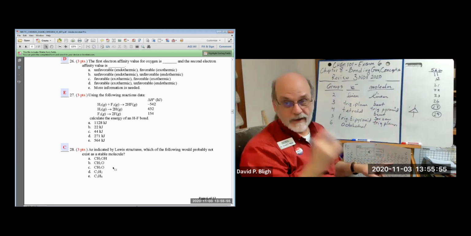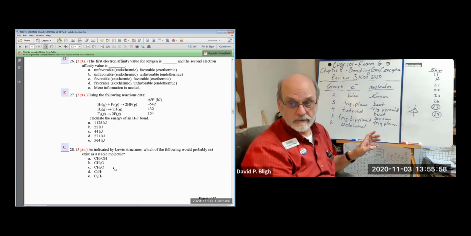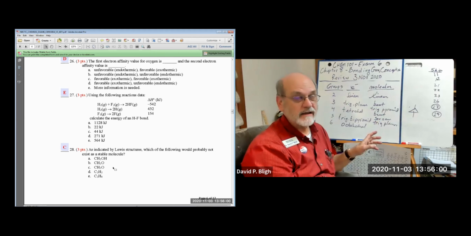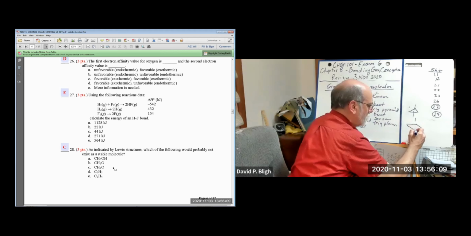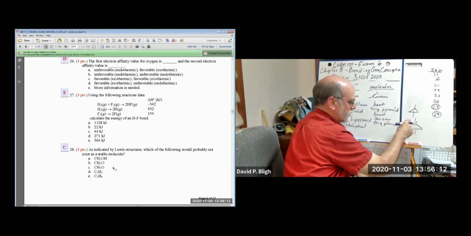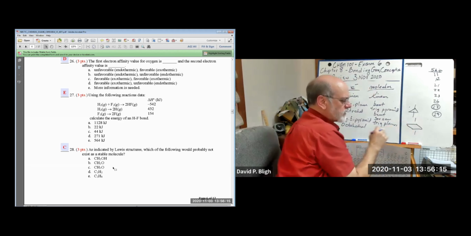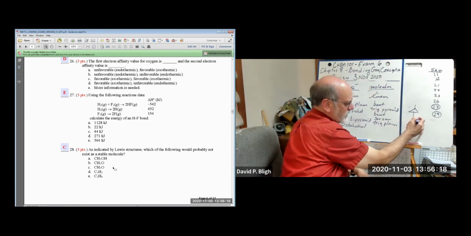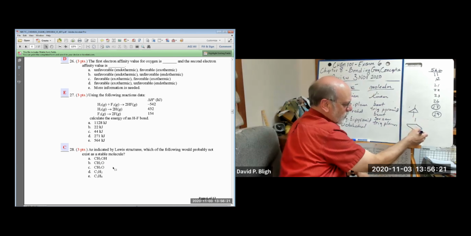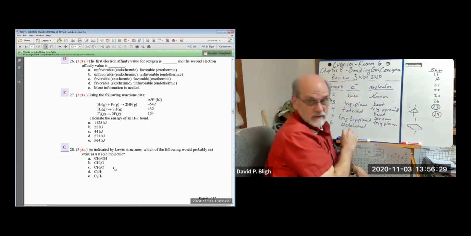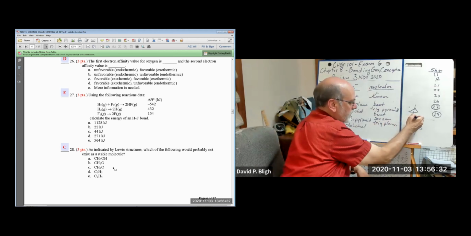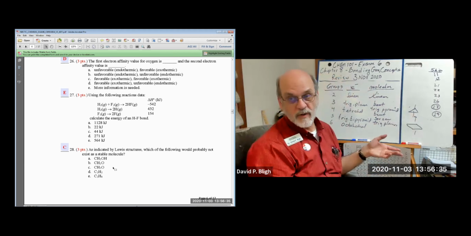Octahedral. This can get really complicated. Octahedral, if you have 1 lone pair, that lone pair is likely to be where? Okay, so you got 1, 2, 3, 4, 5, 6. Where would the lone pair be on this one? If we put it up here, it's 90 degrees away from these, 180 away from that one. If we put it out here, it's 90 degrees away from that one, but also 90 degrees away from that one. So the lone pair should be there, which means it's a square pyramid.